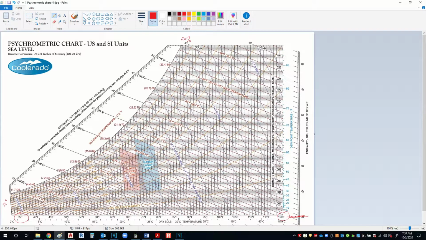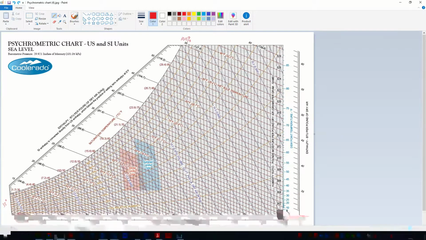If you see those lines there, 60 degrees is this line right here. Let me make it a little bit wider so you can see it better. There we go. Okay, so let's go over here and find 68 degrees.